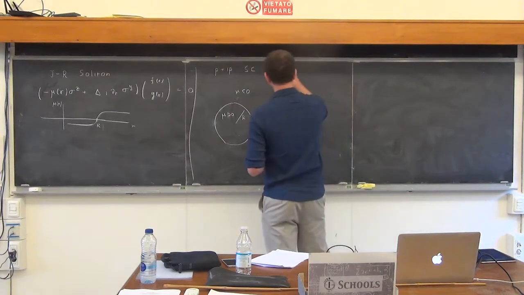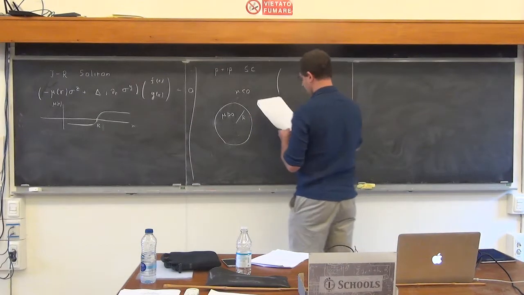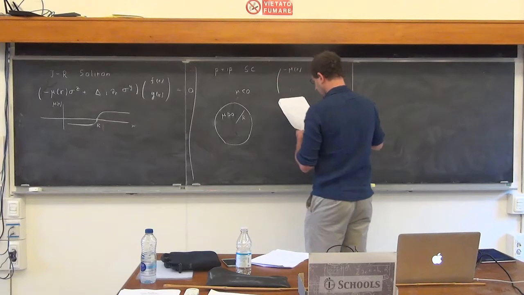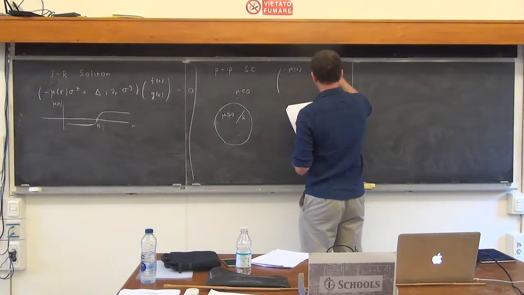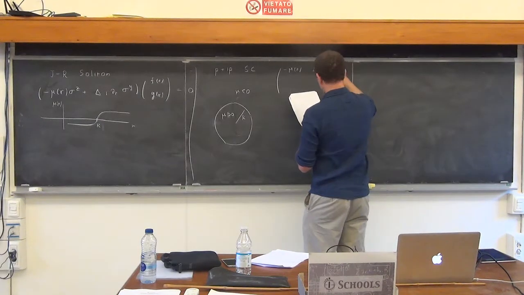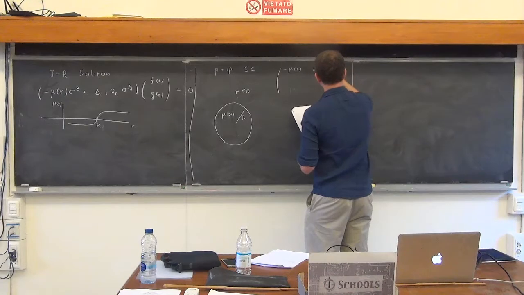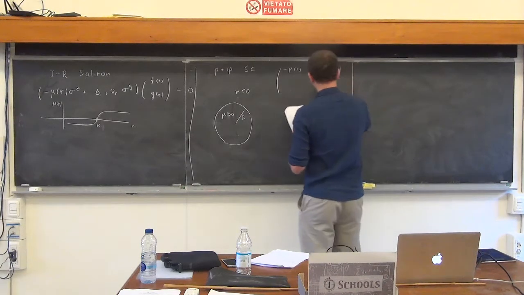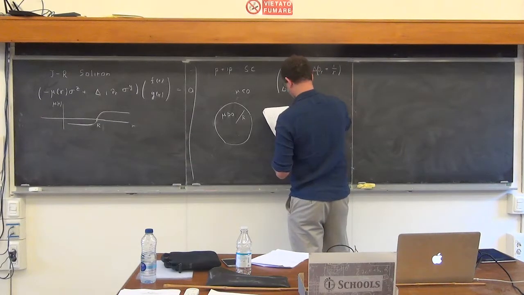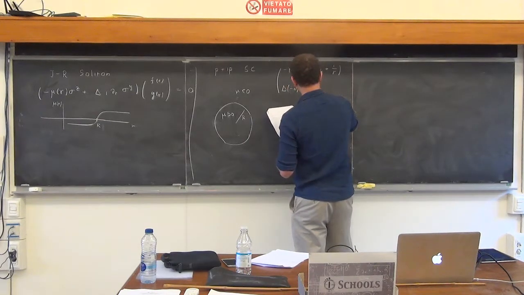We saw that the corresponding BdG equation has this form, so minus mu of r, and then there was this term, which was basically the pairing term, delta times d_r plus i over r, and here it was delta times minus d_r plus i over r.